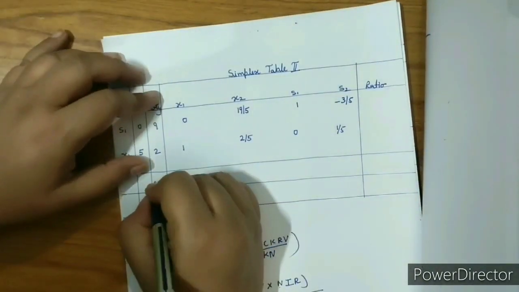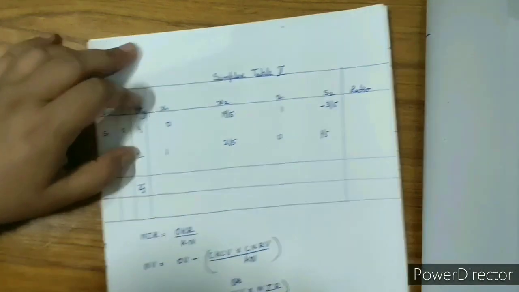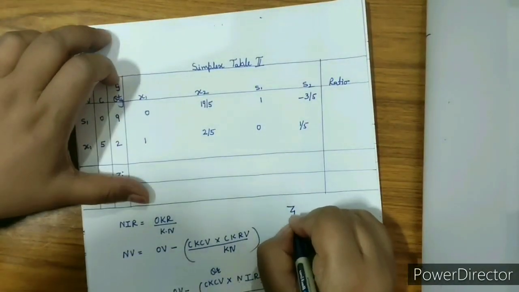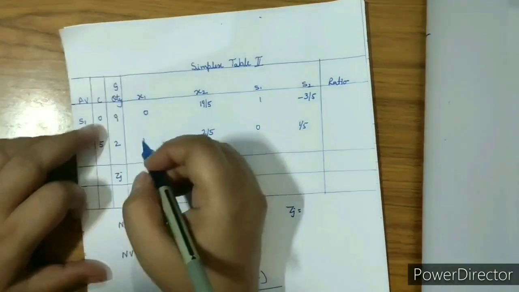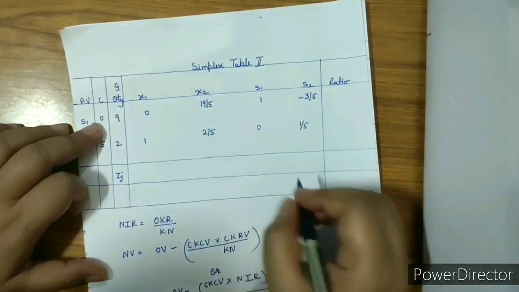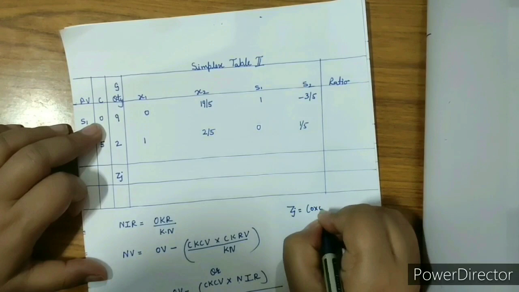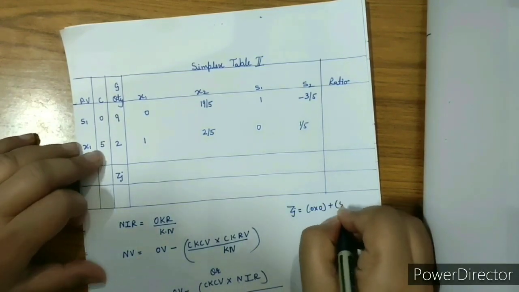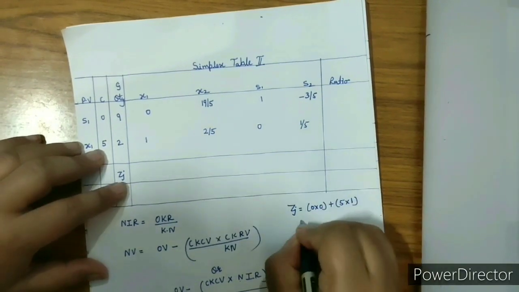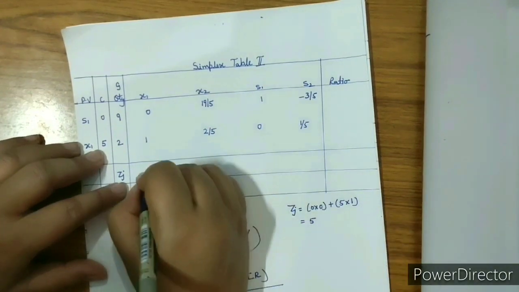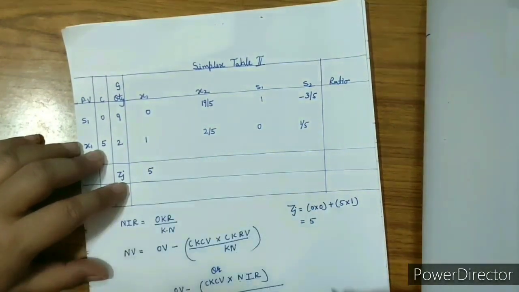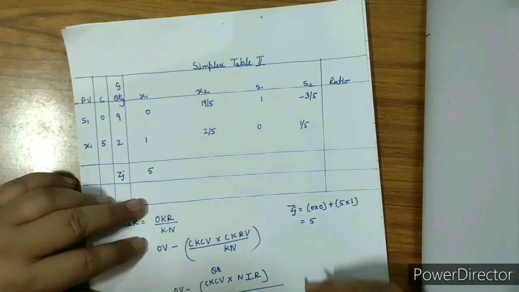Now we again compute ZC. ZC equals 0 multiplied by 0 is 0, plus 5 multiplied by 1 equals 5. The value of x1 of ZC is 5.